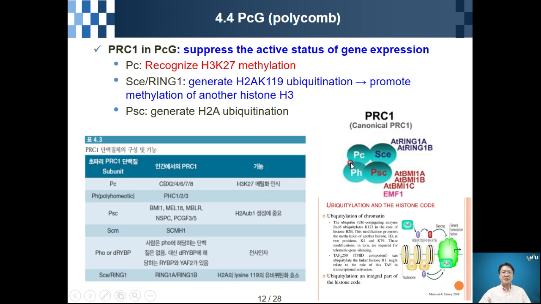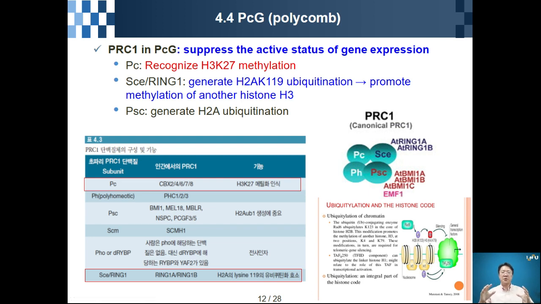The first one is PC. The main function of PC is to recognize H3K27 methylation. The second one is SCE. The full name of SCE is Sce/Ring1. This protein generates H2A K119 ubiquitination, on the histone H2A.